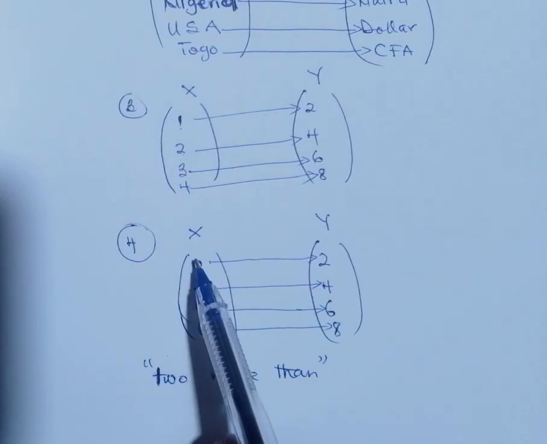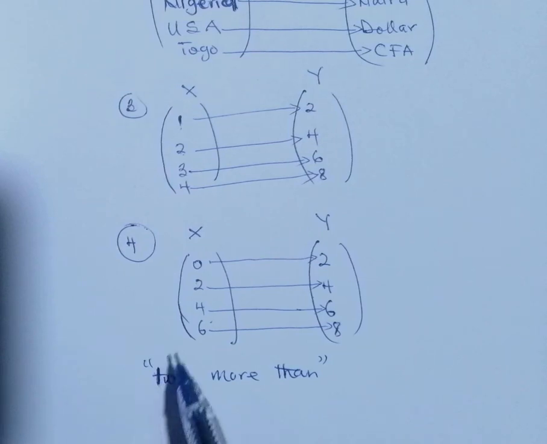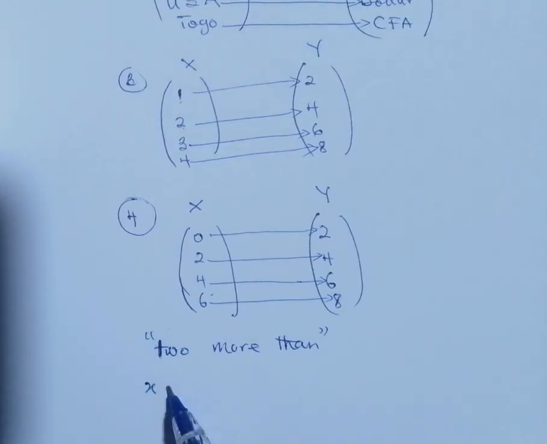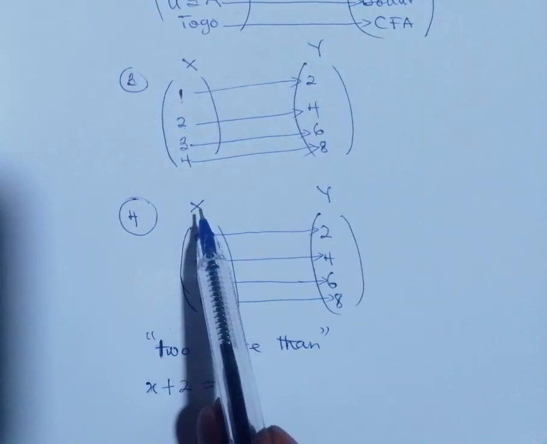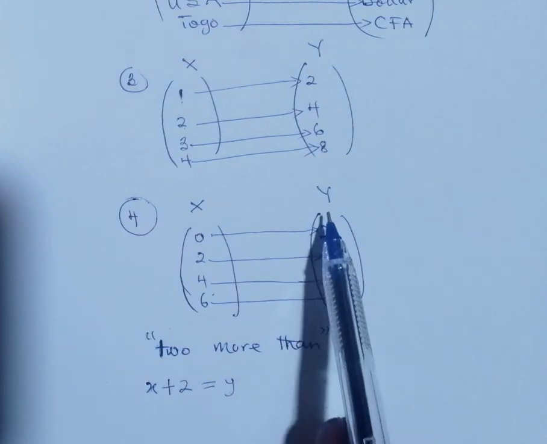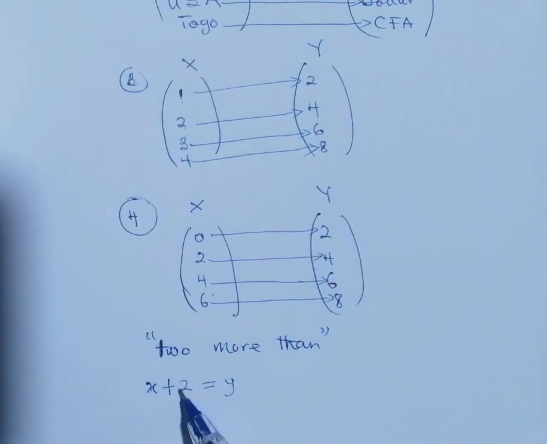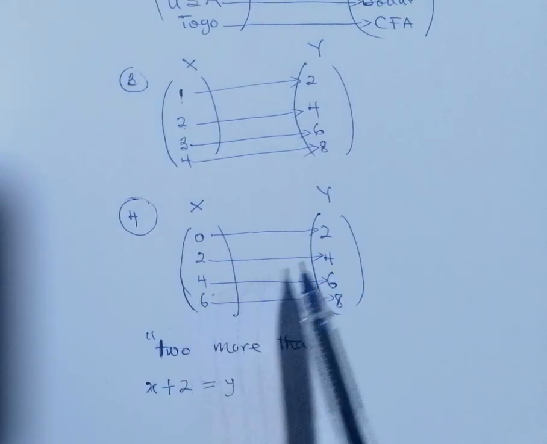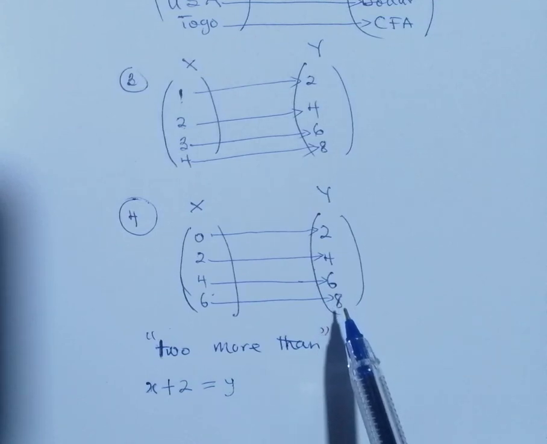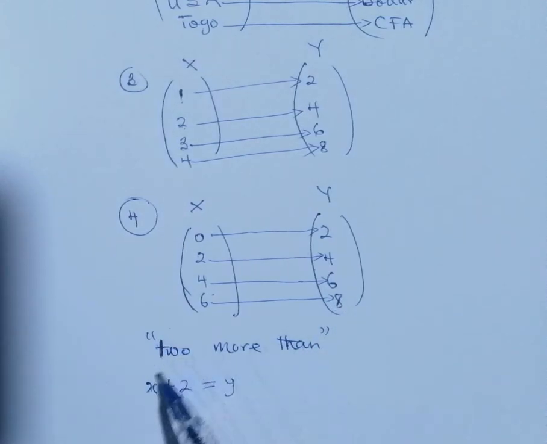So if I represent the X values as X, then to get the Y, I will just add 2 to it. So it will be 2 more than the X values, which will give me the Y values. Now I'm representing this X with the domain, and Y with the codomain. So it means that the Y will depend on the X to get its value. You get it? Good. So this becomes the relation.